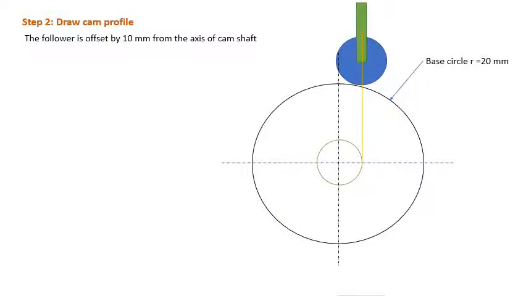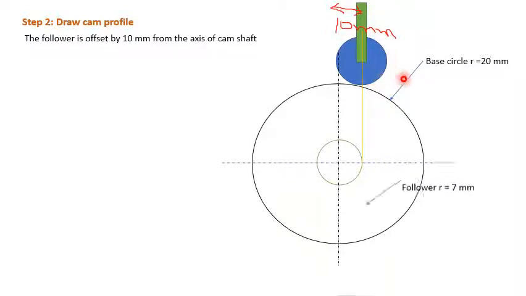So this distance from the axis is now 10 mm, because this circle radius is 10 mm. Therefore, the distance between the axis of the cam and the axis of the follower is 10 mm.